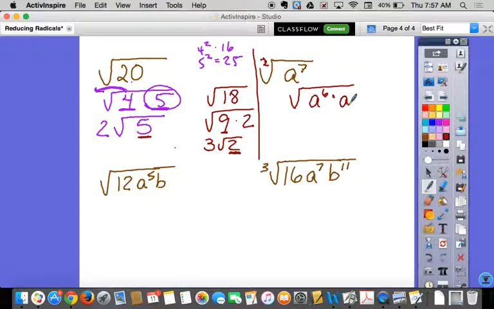So basically all you're doing is taking that one extra that made a to the 7th odd and sitting him over to the side, and then you've got your a to the 6th, and yes, he's going to divide by 2. So this is ready to go out. So 6 divided by 2 is 3. He's on the outside, and this little a is stuck on underneath. Again, I should put that in absolute value bars.